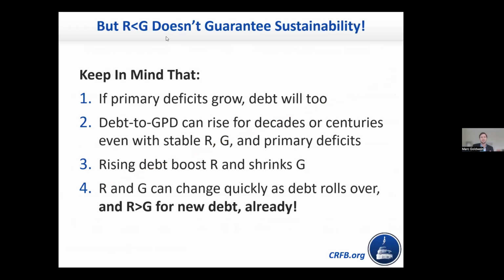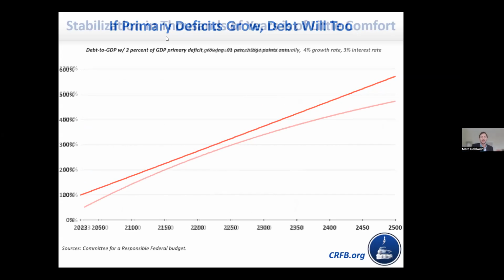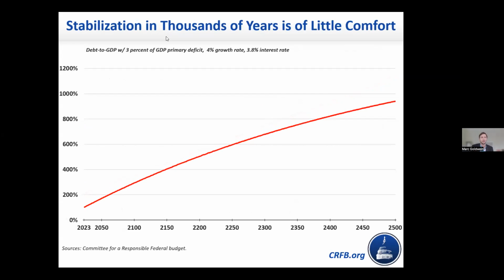Also, just because something is mathematically true doesn't mean that it matters in the real world. It's possible that we have a circumstance where the interest rate, growth rate, and primary deficits mean debt will stabilize, but it's not going to stabilize for like 1,000 years, right? Take this example: a 3% primary deficit with a growth rate 0.2% above the interest rate.